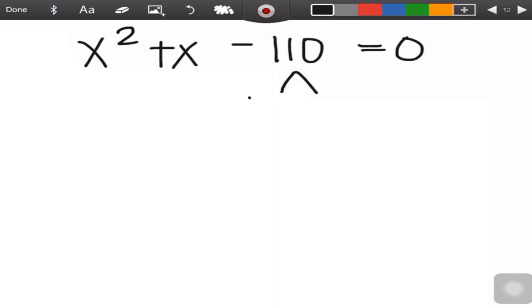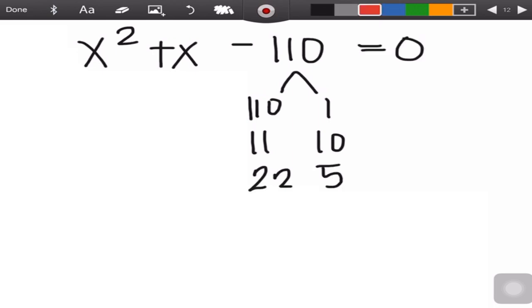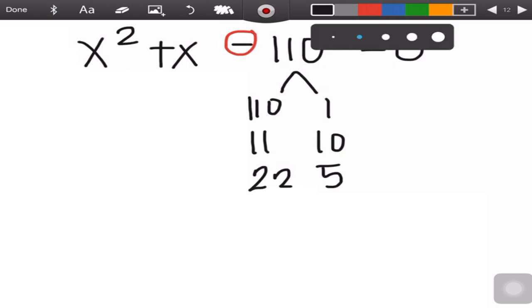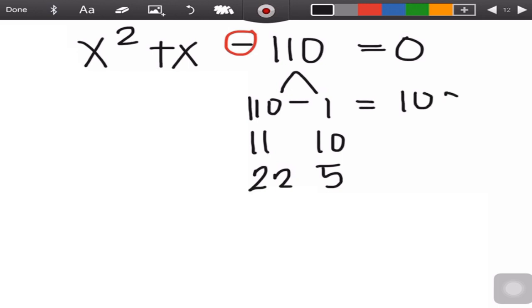We need to think of all the factors of 110. So we have 110 times 1, 11 times 10, 22 times 5. Since the last term is negative, we will subtract all the factors. So we have 110 minus 1, 11 minus 10, 22 minus 5.